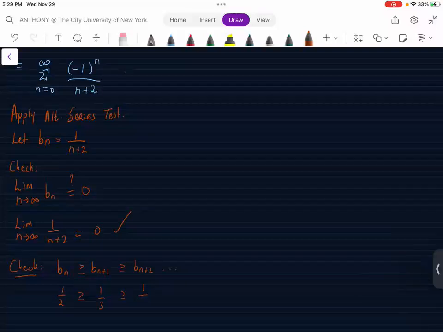Your third term is when n is 2, so you get 1/4. If you look at this inequality I wrote out at the bottom, is it valid that 1/3 is less than or equal to 1/2, and 1/4 less than or equal to 1/3? Is it decreasing? Yes, it is decreasing.